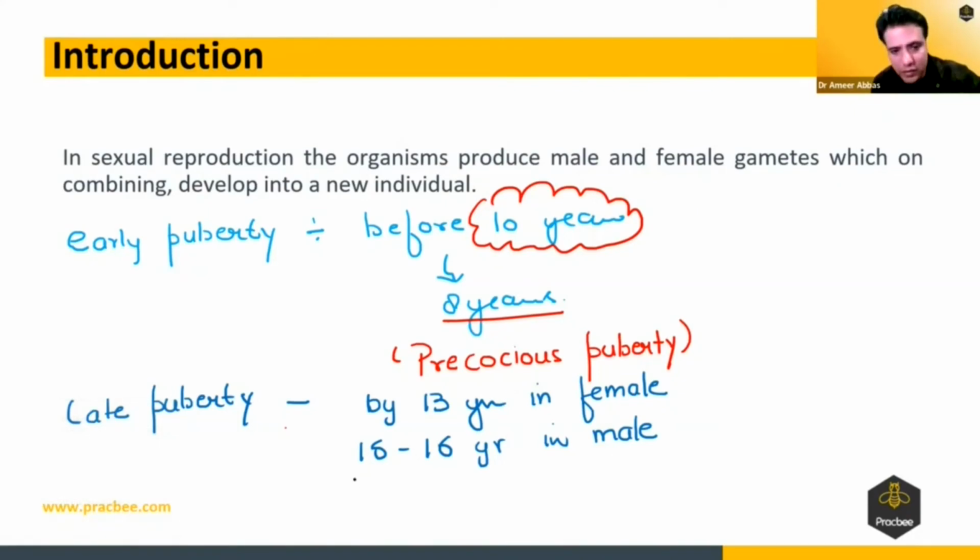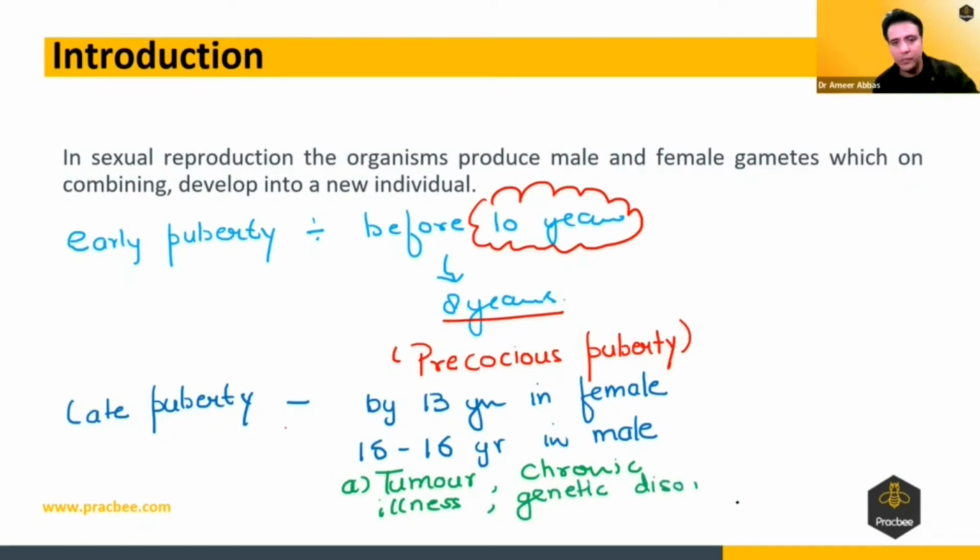What can the reason be? A tumor or chronic illness. You know what chronic illness is? A long-term illness that can cause damage is known as chronic illness. And lastly, it can be a genetic disorder.